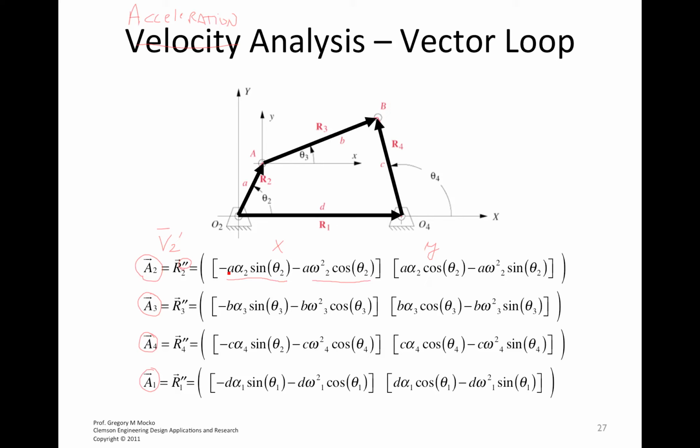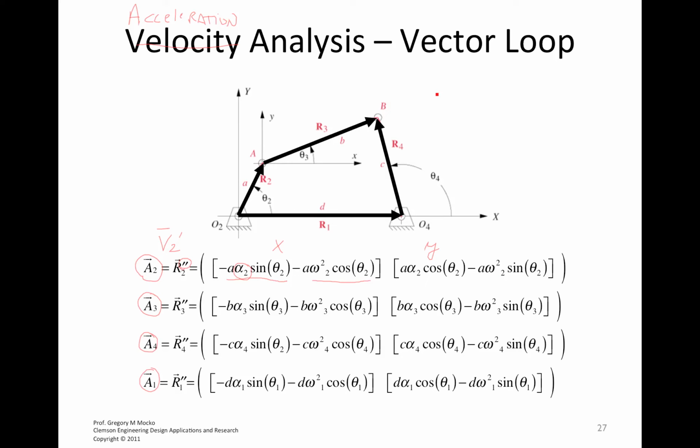What we end up with is negative a, so the length of link 2, times the angular acceleration of link 2 times sine of theta 2 minus a, the rotational velocity of link 2 squared times cosine of theta 2. So that's for the x component. And for the y component, we have a alpha 2, the angular acceleration of link 2, cosine of theta 2 minus a times the angular velocity of link 2 squared times sine of theta 2.